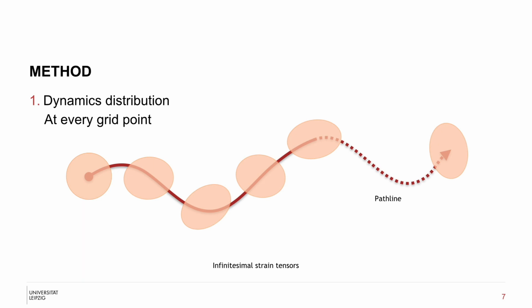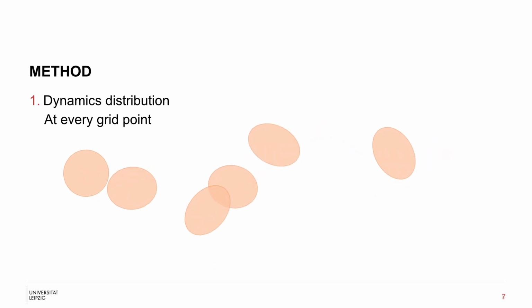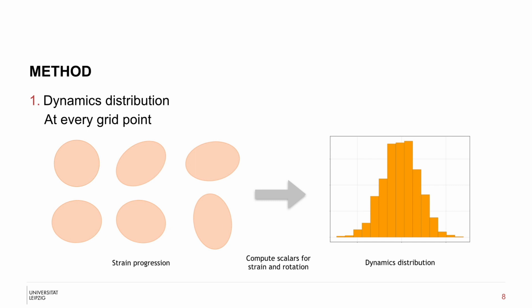We call this set of infinitesimal strain tensors a strain progression. We then take the set of the strains and compute the scalar quantities for each infinitesimal strain tensor. The scalar quantities are strain and rotation. We combine these two quantities into a dynamics distribution.